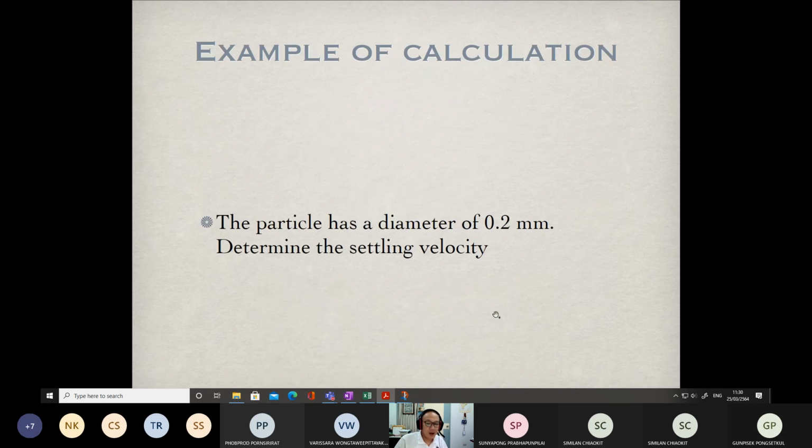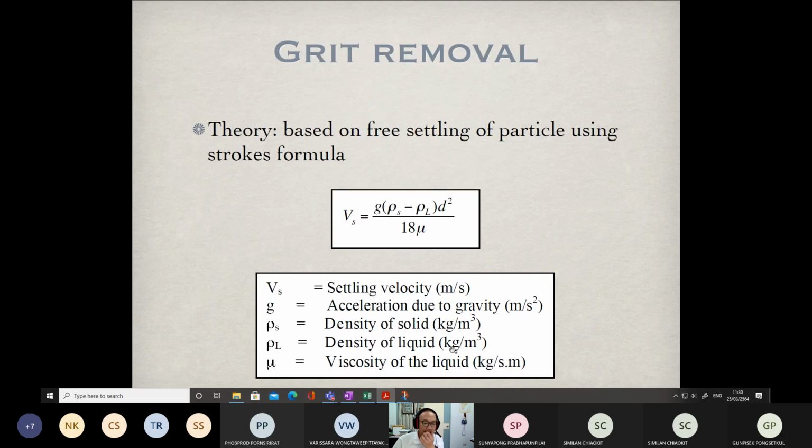If the diameter is 0.2 millimeters, for the density of the solids you may put 2,650 kilograms per cubic meter. For the density of the liquid, you may try 1000 kilograms per cubic meter. The viscosity of the liquid is a physical property of liquids.